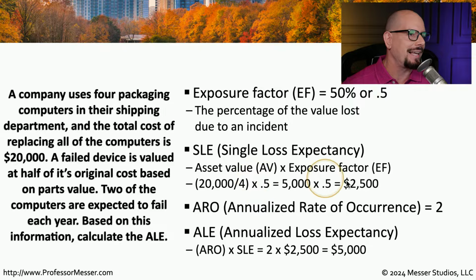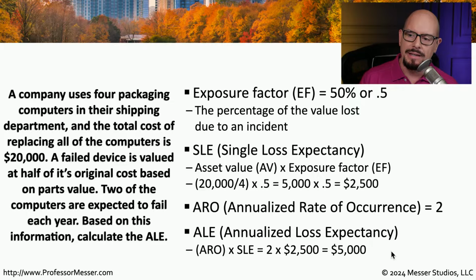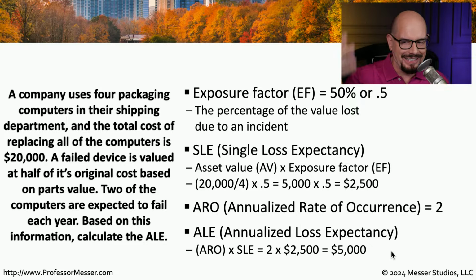The SLE is 2,500. 2 times 2,500 is 5,000. So based on that information, the amount of money that we would expect to lose in a year from these packaging computers is approximately $5,000. That is the entire calculation from beginning to end for this particular problem.